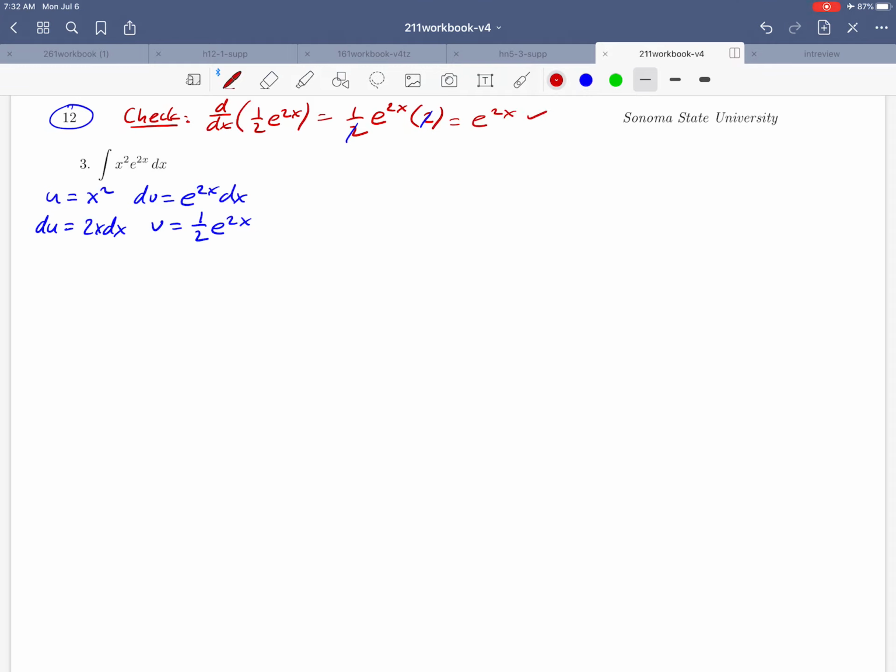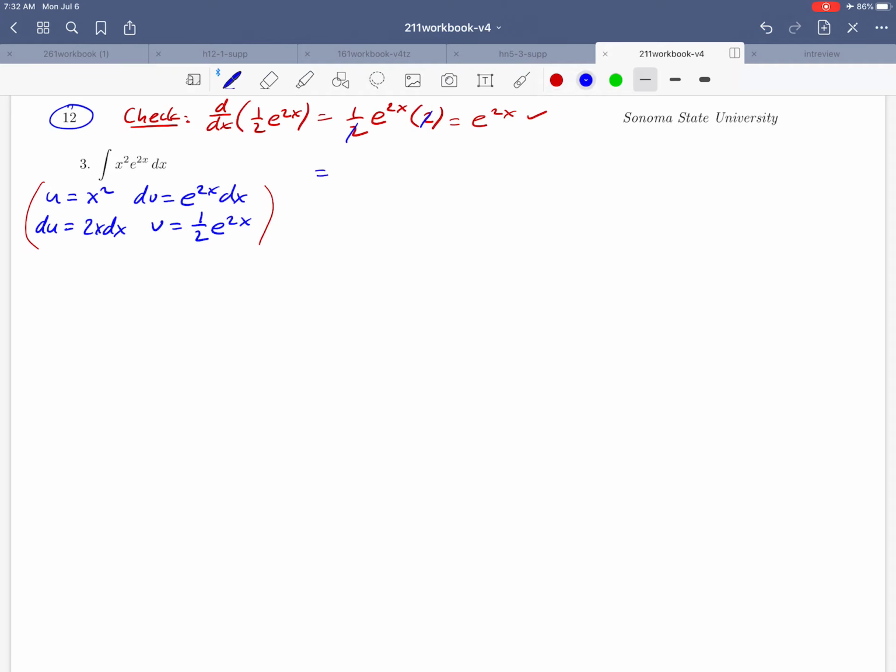Okay, that confirms that if we take the derivative of our v choice down here, we do get back to dv. Okay, so that 1/2 is just the number that we needed to get the 2 to cancel out. That's one way to think of it. Okay, so there are our choices for u and v. Let's see where that leads us.